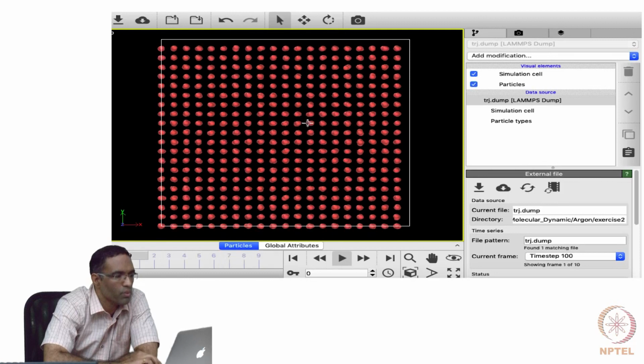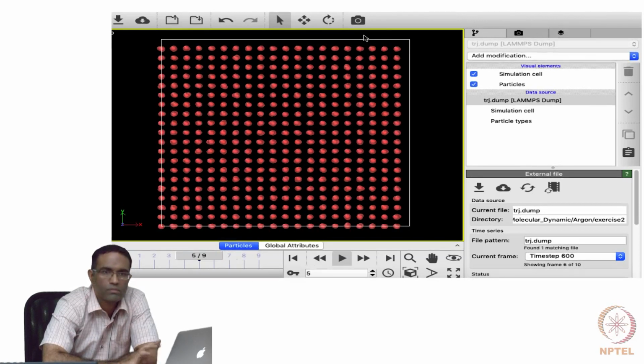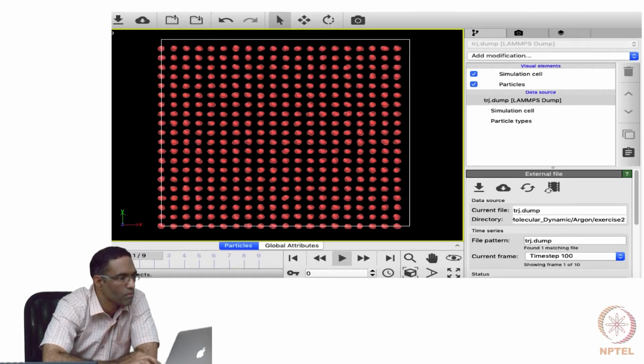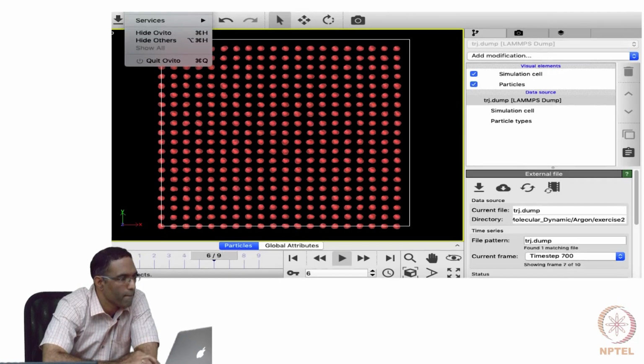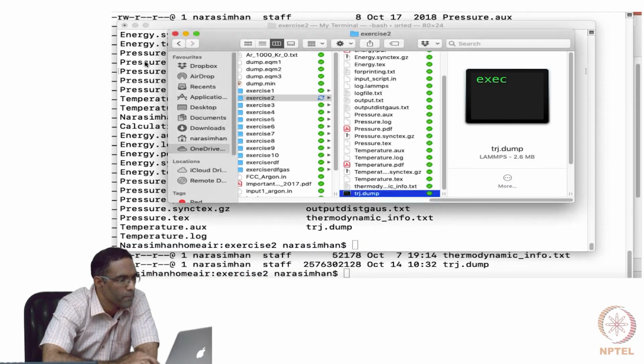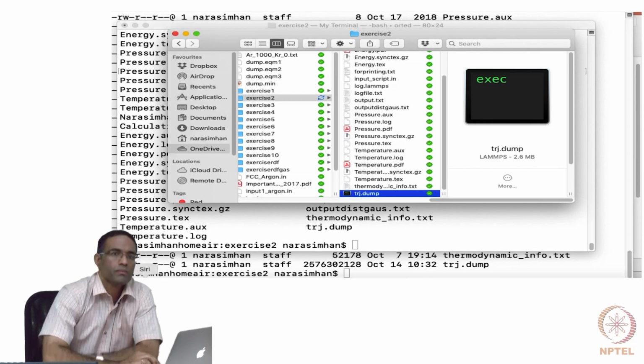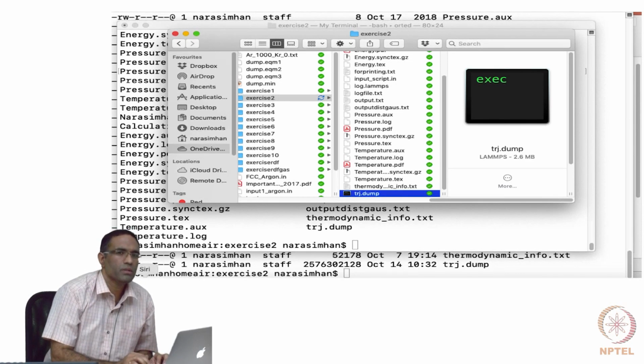This is how you can start to visualize your MD simulations using OVITO. You just have to drag that particular dump file into this window, and it will open up. Are there any specific questions regarding this?